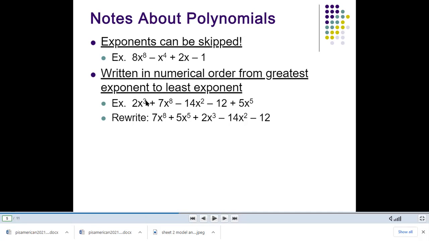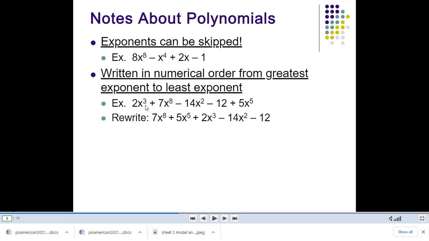It doesn't matter if the coefficient is bigger or smaller. And it's not necessary to have all the degrees, which means we can skip degrees. Look at x: this is x to the power of 8, x to the power of 3, x to the power of 2, x to the power of 0, x to the power of 5.